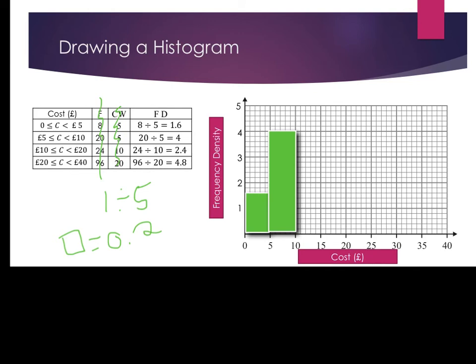If you look here, between 10 and 20, it's going to go up to 2.2, 2.4. And last but not least, we're going to have between 20 and 40, 4.8.